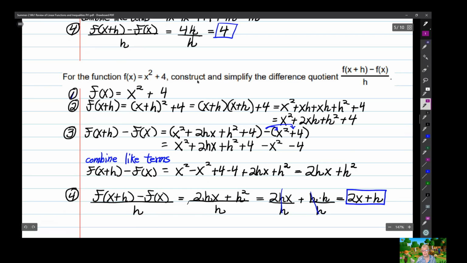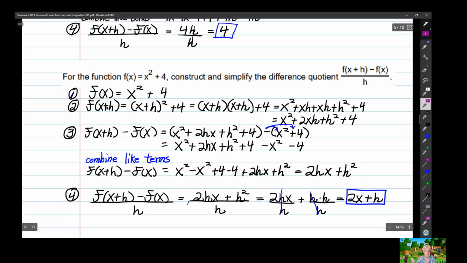And the instructions say construct and simplify the difference quotient: f of x plus h minus f of x, over h. So we go in steps. Step 1, write f of x. F of x equals x squared plus 4. Immediately underneath it, write f of x plus h. You have to calculate that.